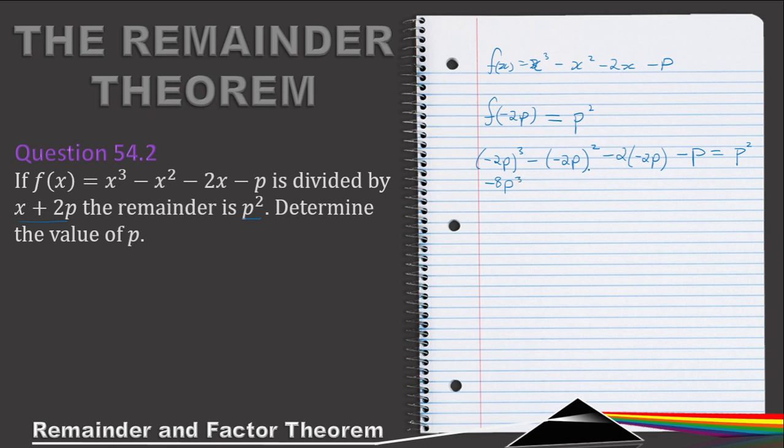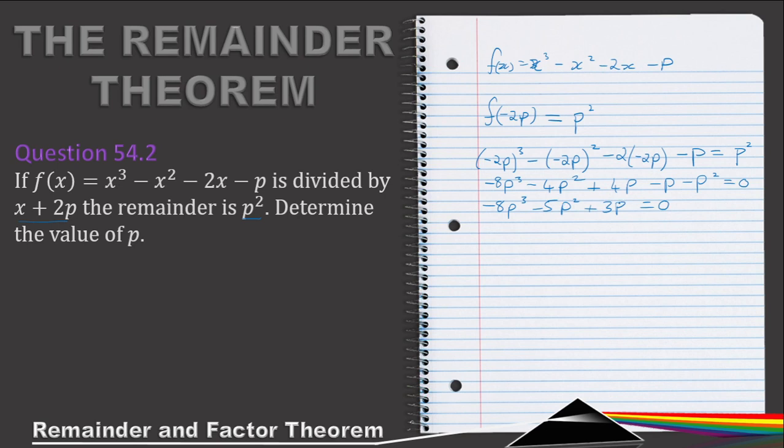This becomes a positive, so that becomes positive 4p squared, so minus 4p squared because of that minus there. This becomes plus 4p, and this is minus p, and we can bring this p squared over, minus p squared equals 0. We can add our like terms, so minus 8p to the power 3, we have minus 5p squared, and then we have plus 3p equals 0.